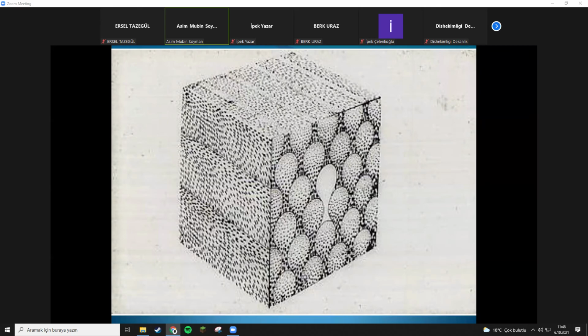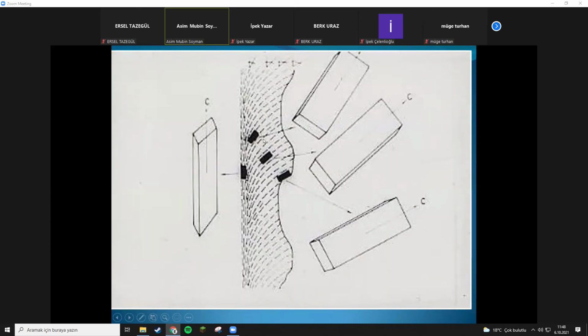First of all, I believe you understand the orientation of the crystals, parallel to each other and a little bit bended, a little bit diverged in here. The orientation is important because when an acid comes upon the dental enamel, it hits the apatite crystals directly.